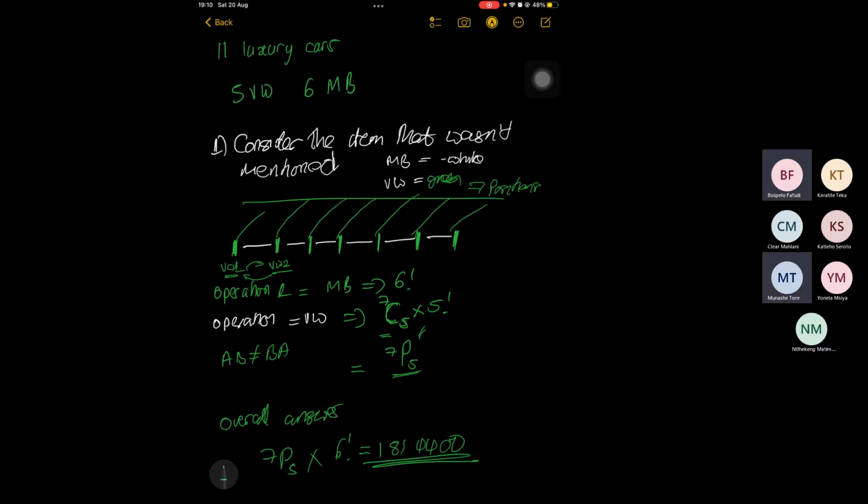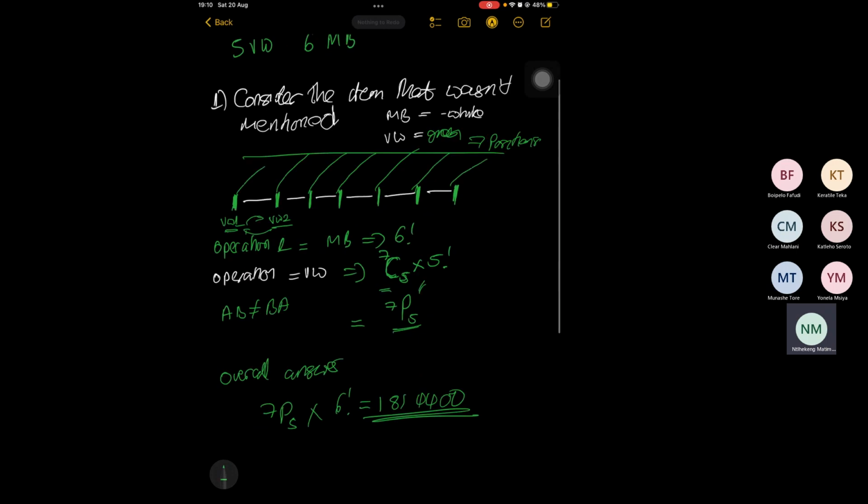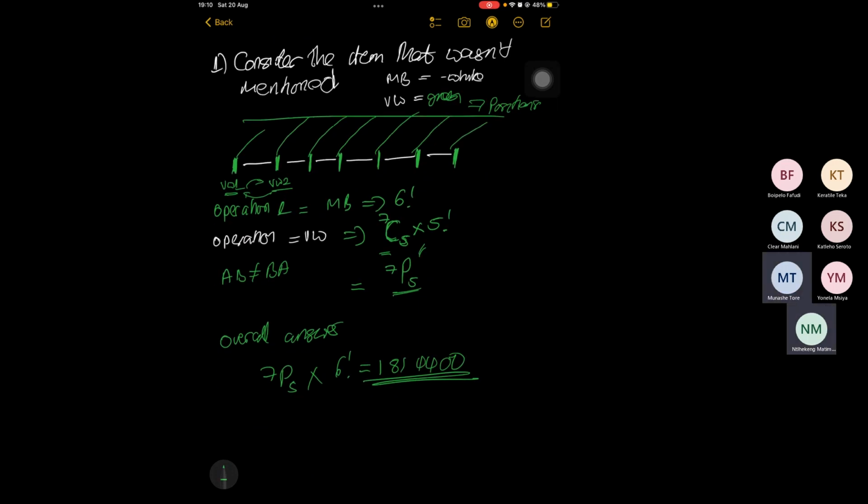Yes. I didn't understand all this, because according to me, I thought maybe the person who will be servicing the car doesn't know which one they should start with. So I thought for the first operation, for the first case, he will have two choices. It will be 2 factorial for me. So it will be 2.